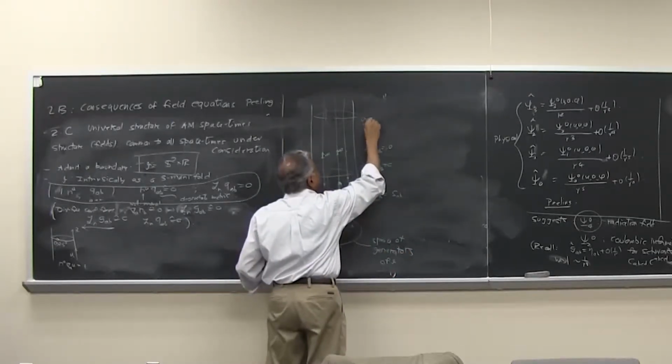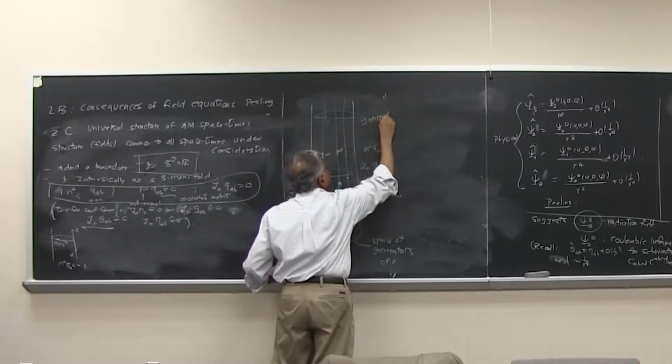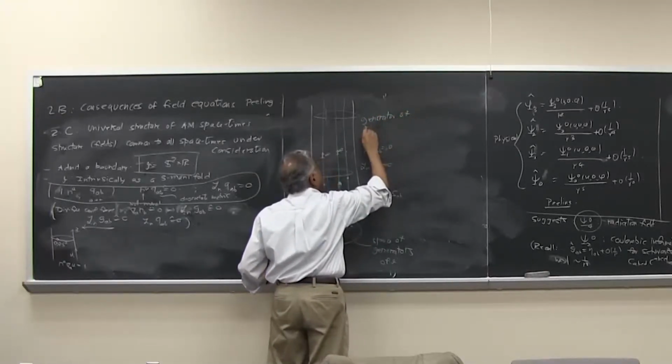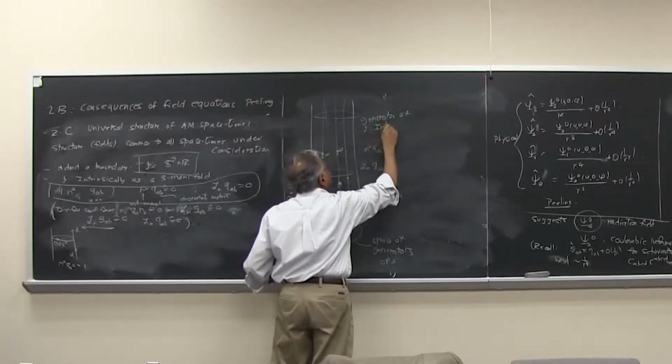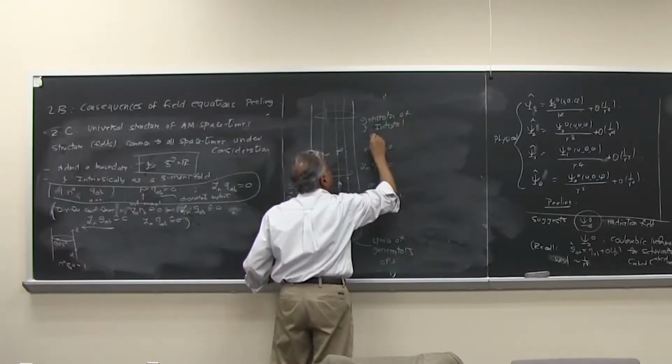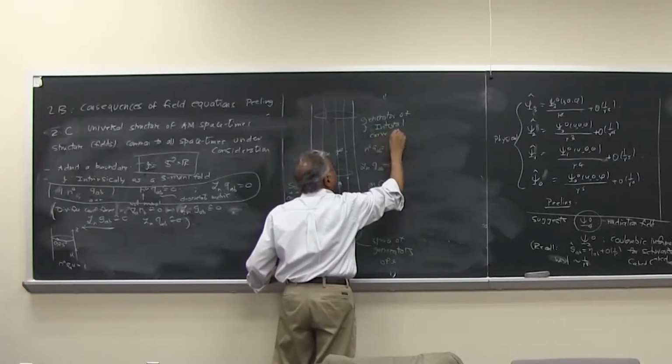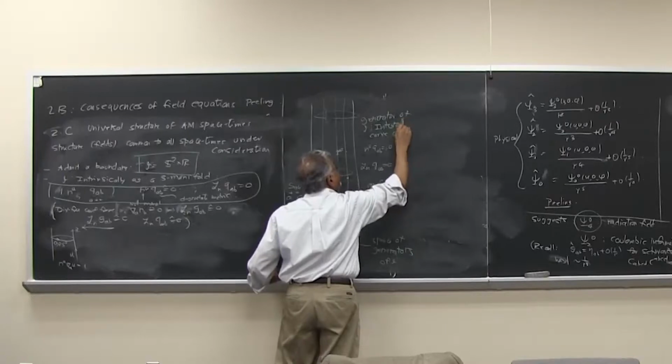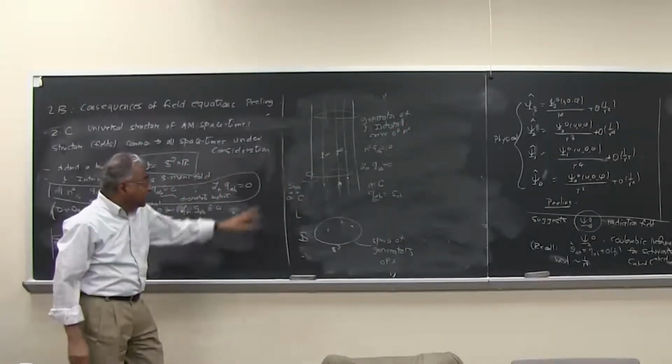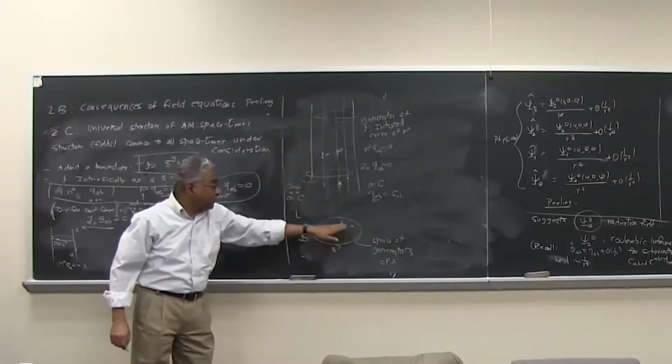So of this vector field n^a that I got, I project down, and I get a two-sphere up here.